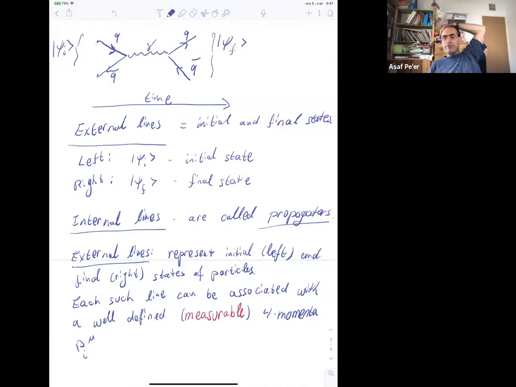So the way to think of it, these are intermediate states in the process in which the initial state, which is a measurable state, transforms into the final state, which is also a measurable state. This is not measurable.